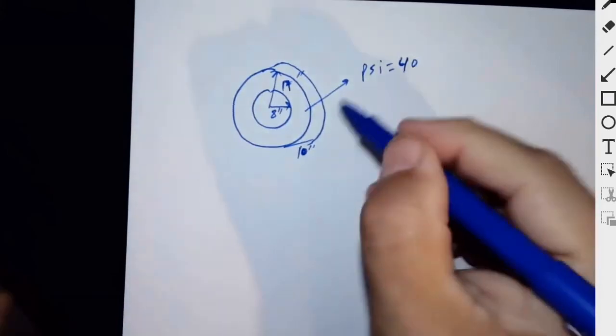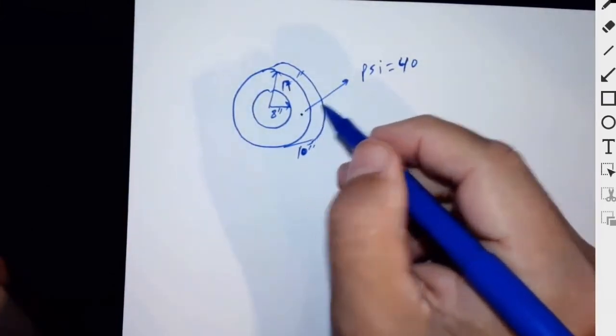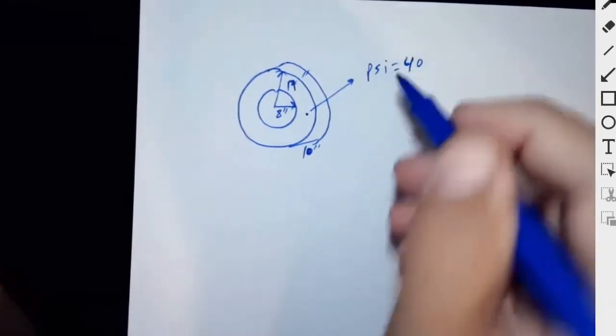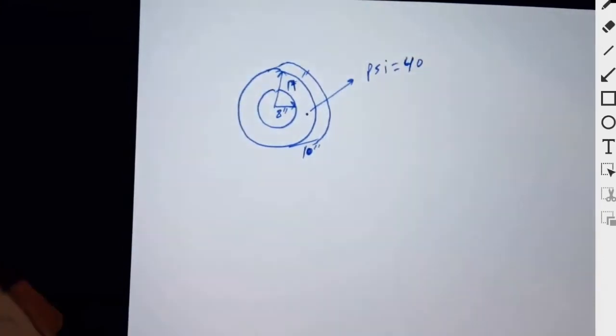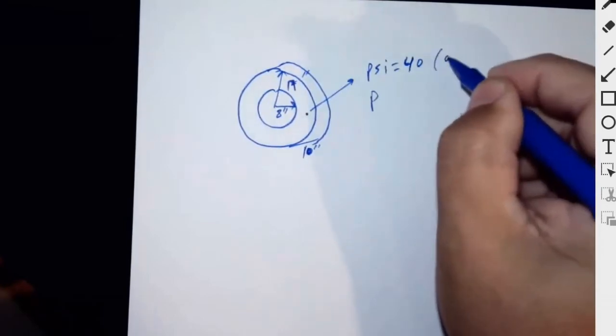In other words, that's the difference of the pressure inside the tire and the outside. That's not the absolute. So when the tire manufacturer tells you to pump up the tire to 40, they're actually saying pump it 40 larger than atmospheric, you see?